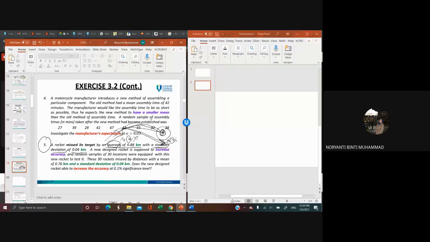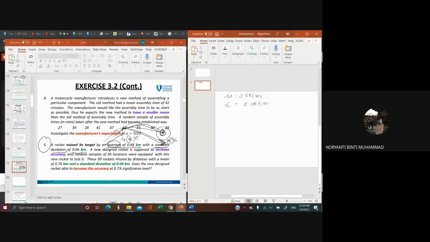So basically, the first sentence shows you mu is equal to 0.88 km and sigma is equal to 0.04 km. So this is how you know: is it sigma or is it s? Is it mu or is it x bar? How do you know it's a population or a sample?